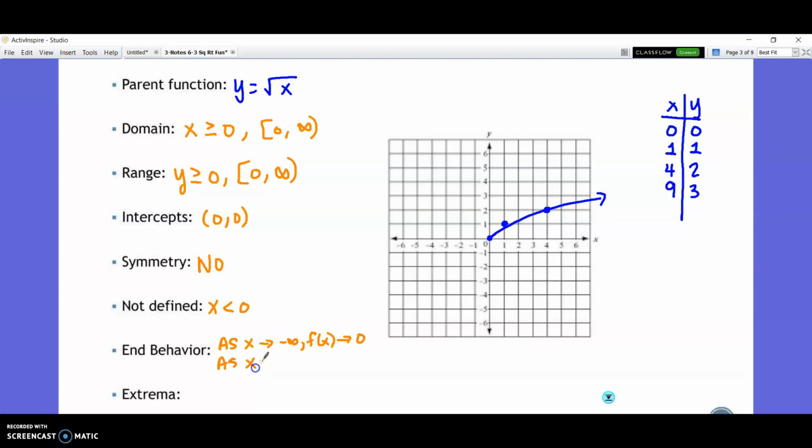And as x approaches positive infinity on the right side, f of x is going towards positive infinity. And then for your extrema, minimum or maximum, this point is a minimum value, so there is a minimum at 0, 0. So there are some basic things about the parent square root function.